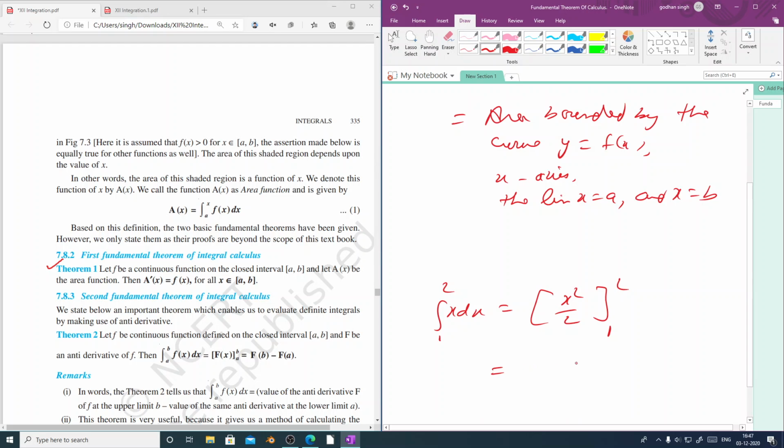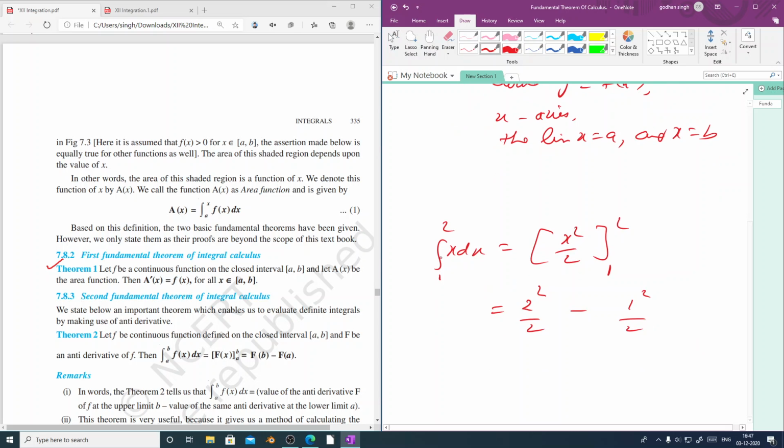We just put the value 2 in place of x, then put the value 1, and subtract both of them. So it will be 2 square by 2 minus 1 square by 2, which is 4 by 2, that is 2, minus half, and that is 3 by 2.